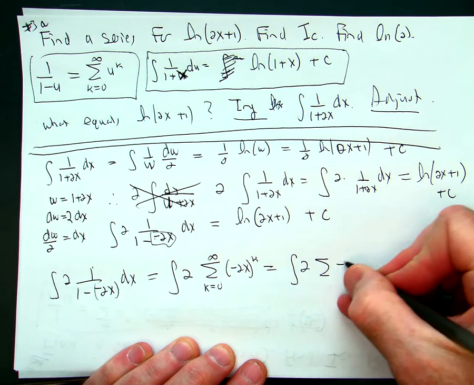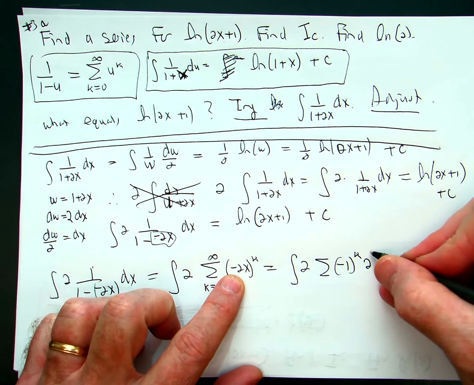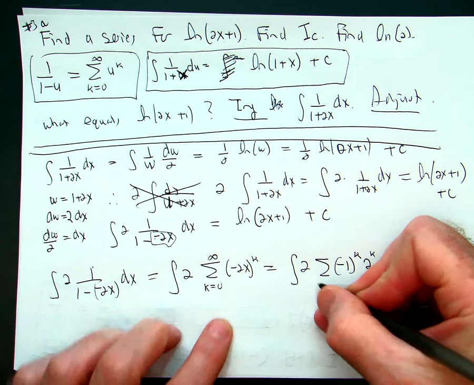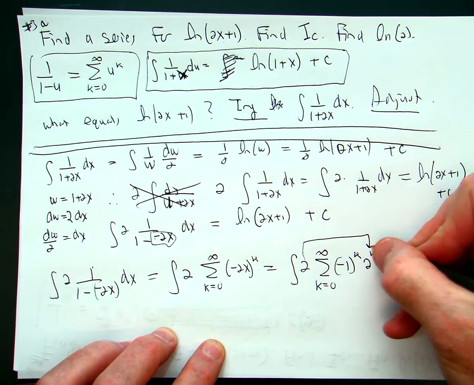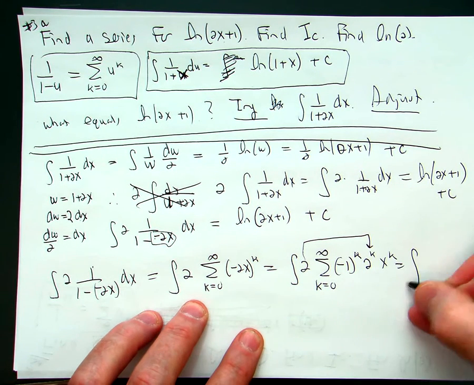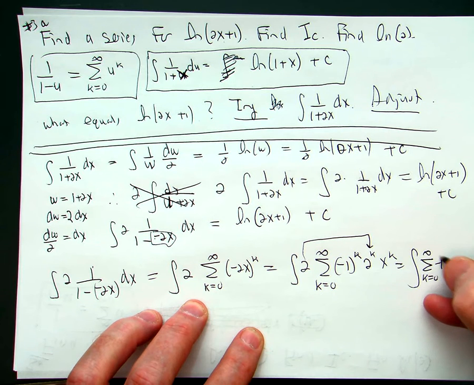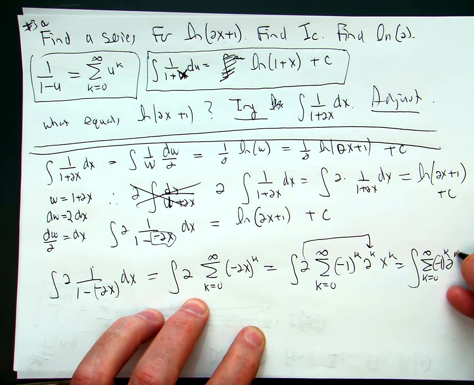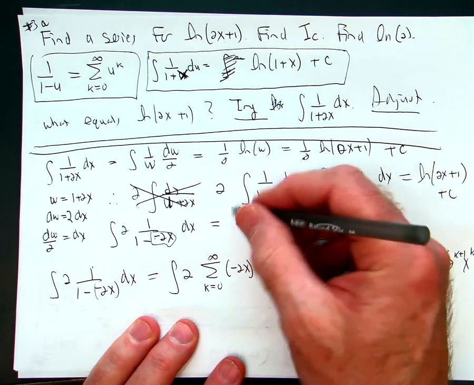Let's clean it up a little bit. Minus 1 to the k, 2 to the k, x to the k. We're almost ready to go. I'm going to bring this inside. So I get the integral of the sum, k equals 0 to infinity, minus 1 to the k, 2 to the k plus 1, x to the k. So all this right here is going to equal this.